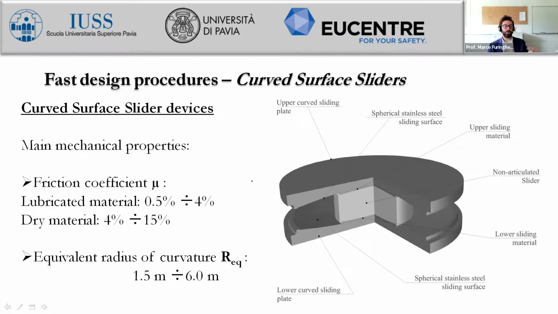If R equivalent tends to infinity, we get exactly a flat slider. So for values higher than 6 meters, the overall response can be directly associated to a flat slider, because there is no particular vertical motion, no pendular motion, and so the horizontal component of the applied vertical force projected along the spherical shape of the sliding surface can be neglected.